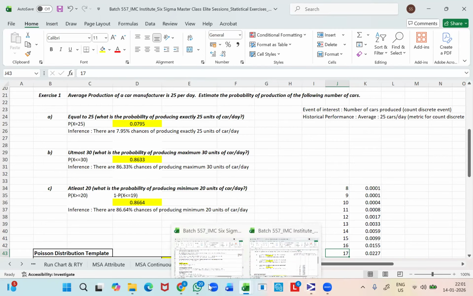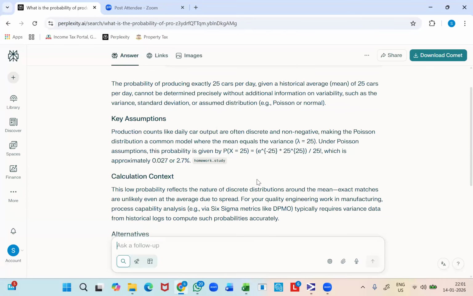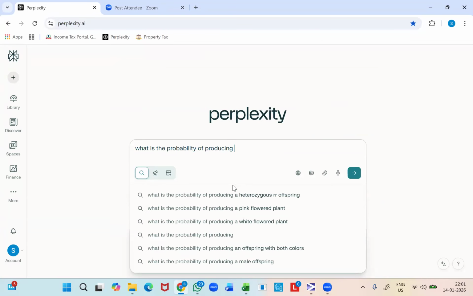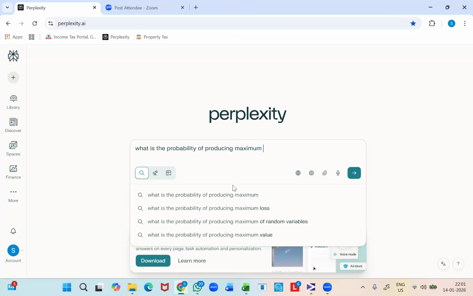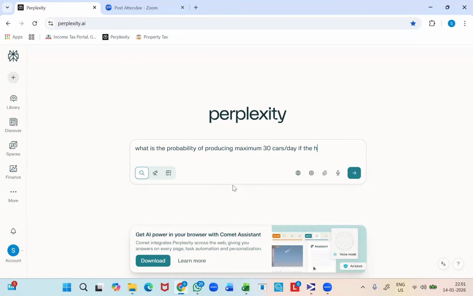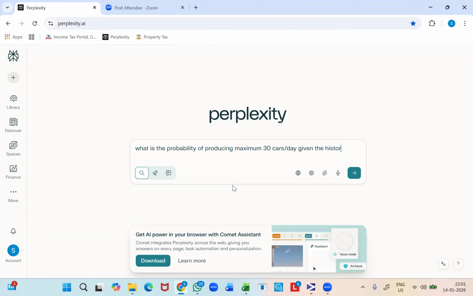So let me just try for the other one, the second scenario. What is the probability of producing maximum 30 cars per day, given the historical average as 25 cars per day?